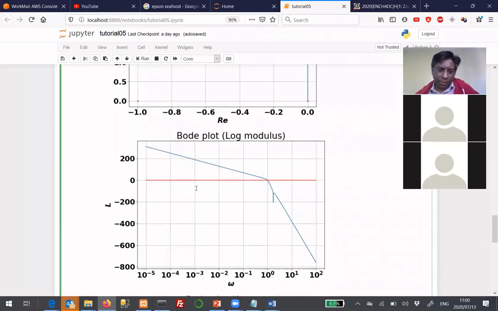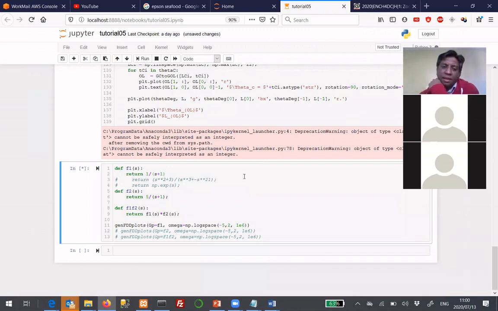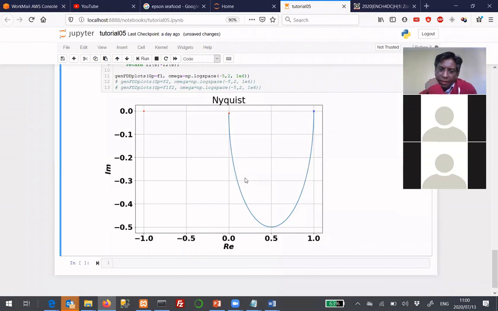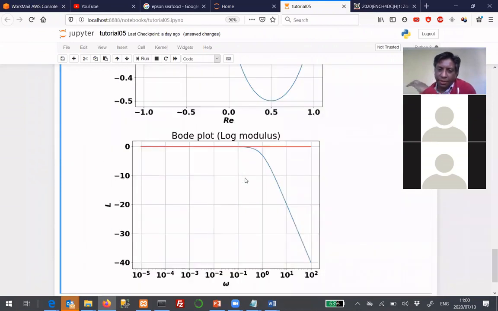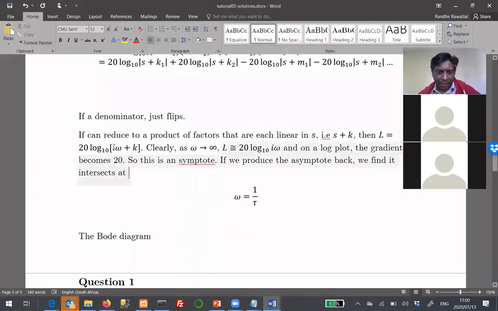So let's go back to our original function. And now we've worked out L and theta. Well, we worked out L. And you can see here, our K in effect is going to be 1. Right, so where we were saying i omega plus K, so it's S plus K, in our case K equals 1.